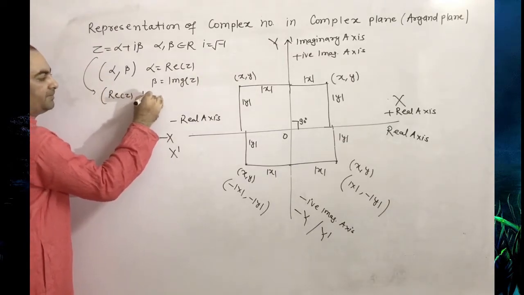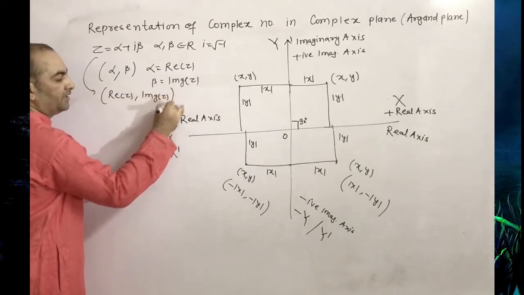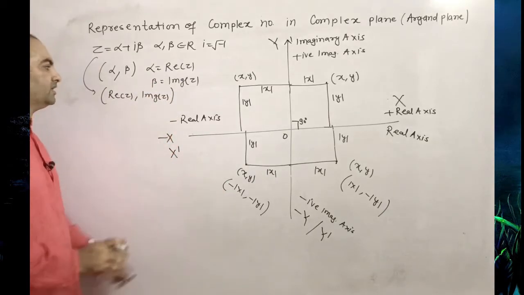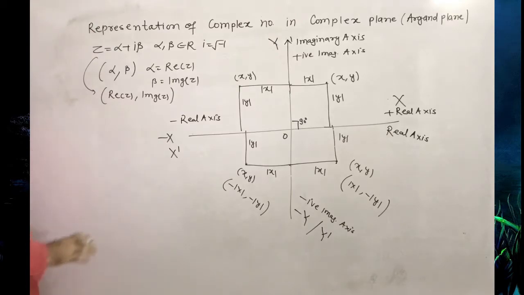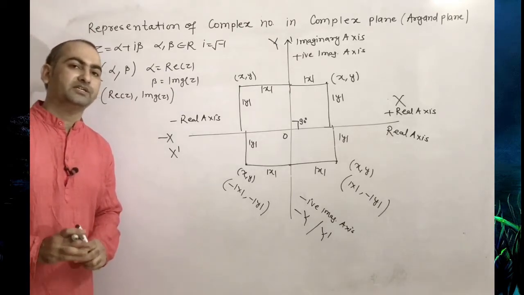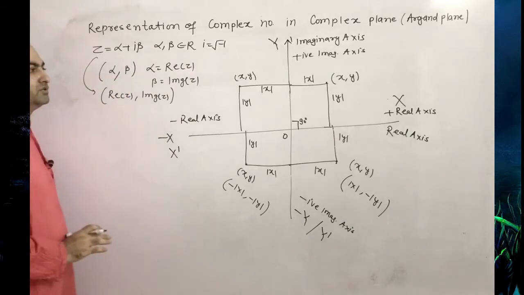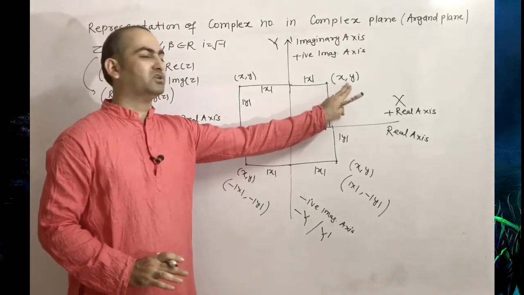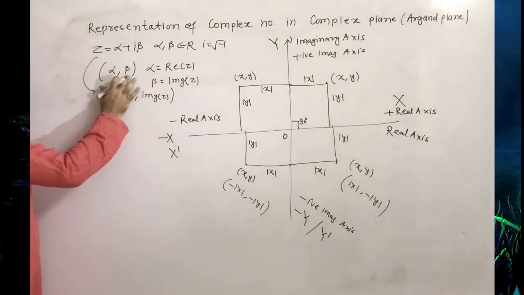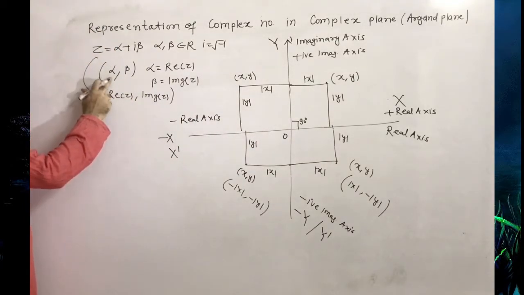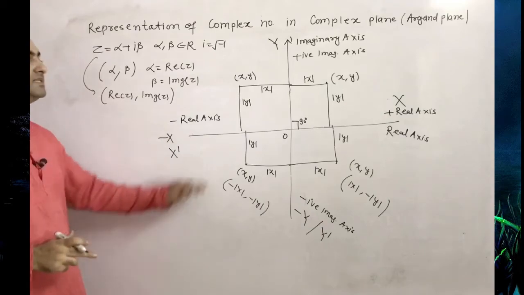Okay, so कोई भी complex number है that we will denote as real part of z comma imaginary part of z in this plane. This is what? Ordered pair. So here first we have to find out which quadrant z is lying. So if alpha and beta both are positive, so first quadrant will come. So what will write? x comma y. If alpha is negative, but beta is positive, so it will come in second quadrant.